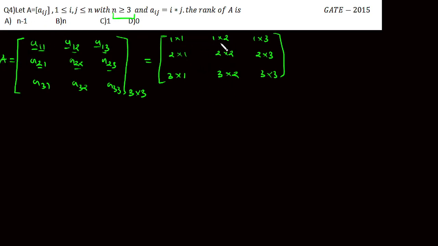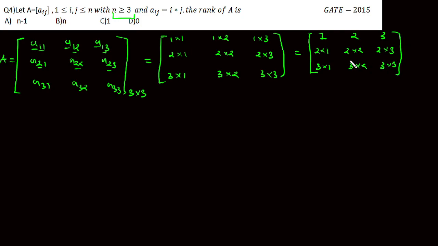Now you can see the first row, second row, and third row are linearly dependent. So we can write the first row as 1, 2, 3. The second row is 2 times 1, 2 times 2, 2 times 3. The third row will be 3 times 1, 3 times 2, and 3 times 3.